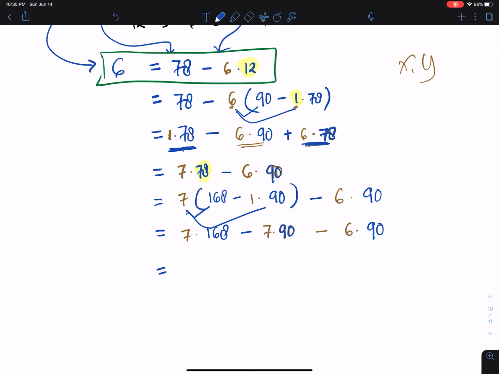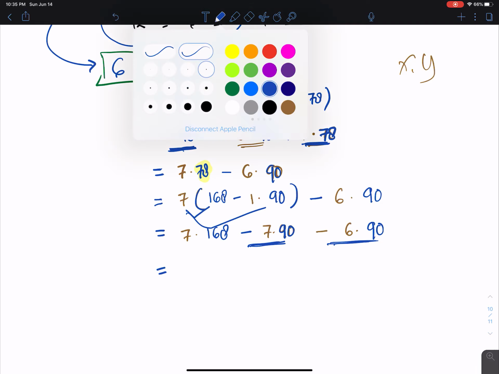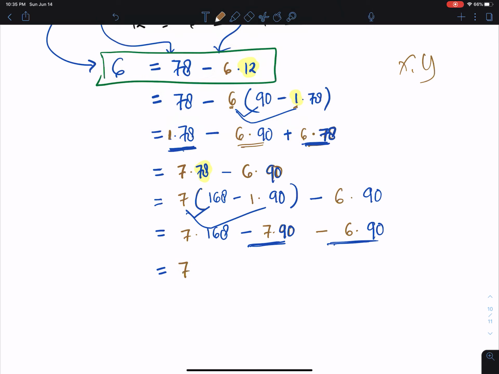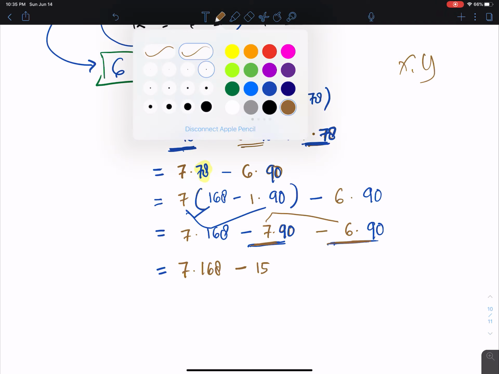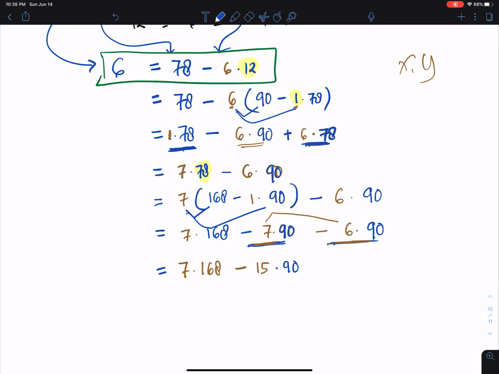So we have minus 790 minus 690, so it becomes what? We write down first 7168 minus 790 minus 690. So 7 and 6 become 15. Yes, exactly. 15 times 90. Over here is 168. Okay, so we are almost done.